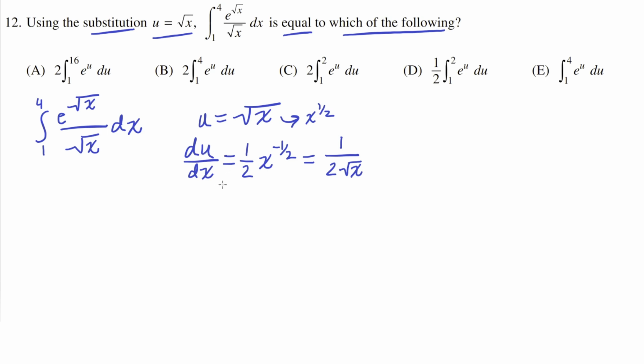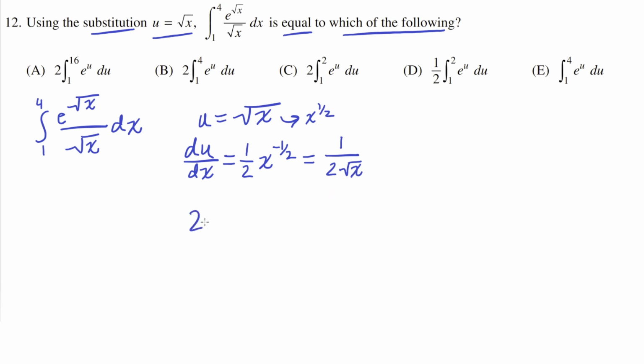So now we have du dx, but since we're replacing x with u's, let's also replace the dx. So let's solve for dx in this equation. We can multiply both sides by dx to move it to the other side, and then multiply both sides by 2 times the square root of x to move this denominator to the other side. So we'll have dx alone.